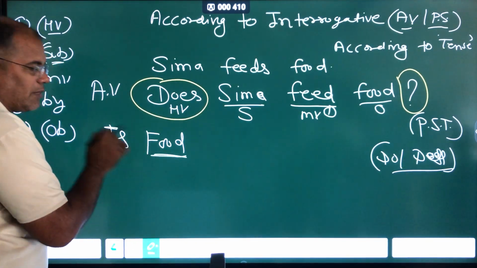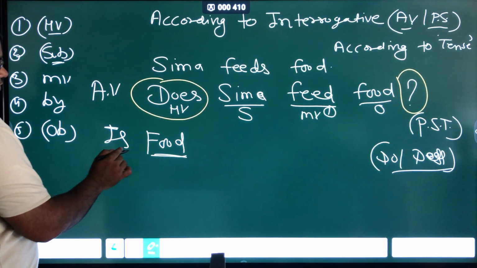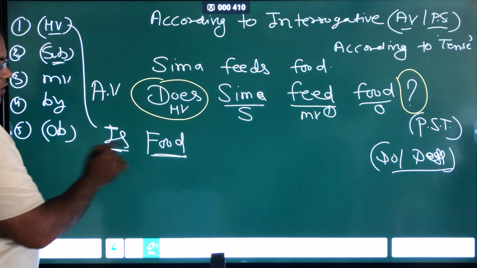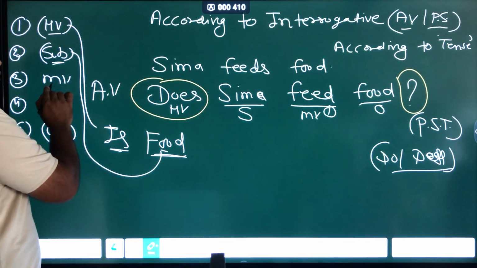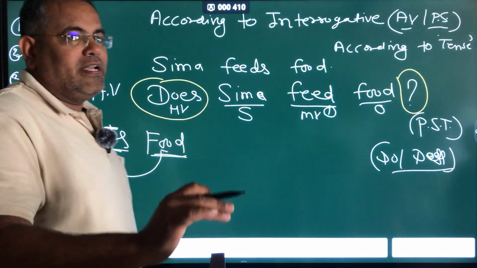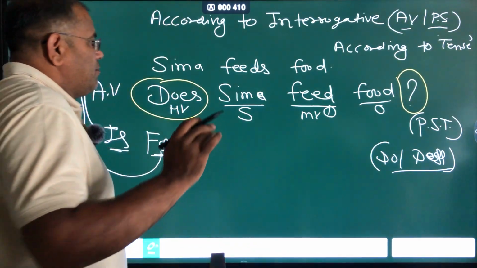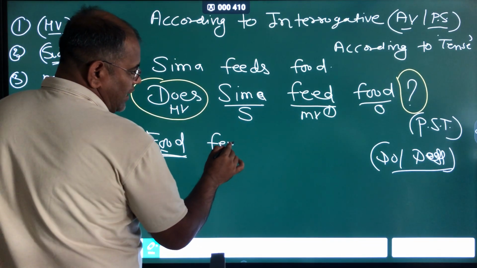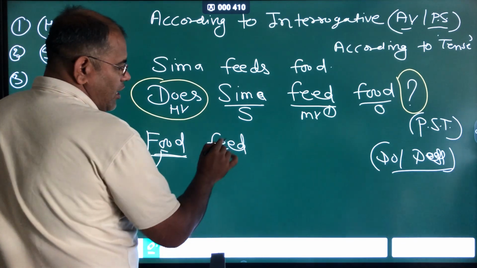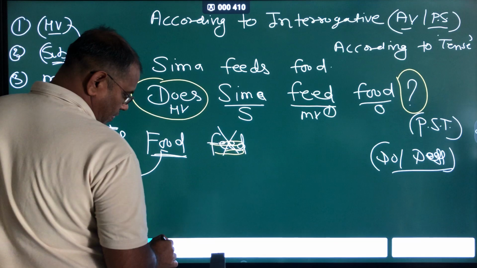Because this is the singular subject. Am I clear? Now we have to use MV. MV means always we have to use MV's third form. Is that clear? For example, here feed. So I will use here feed, same to same. Okay? But now we cannot use like that.